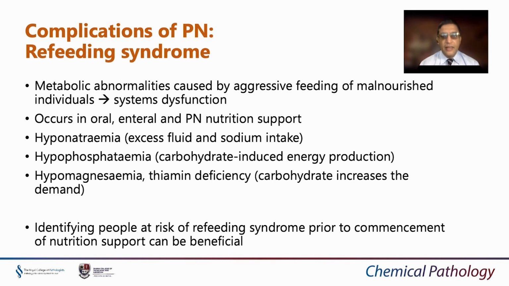Importantly, the identification of patients at risk for developing refeeding syndrome can be informed before starting nutrition support. This will then enable a different, more cautious approach to this group of patients and avoid the refeeding syndrome.